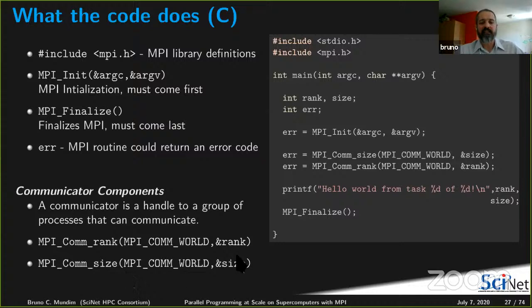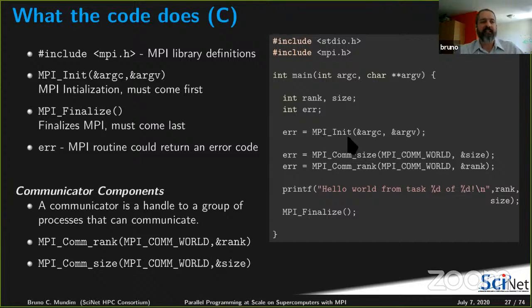MPI_Comm_size gives you the size of the communicator. So how many tasks do I have on my communicator? I'm asking how many tasks I can communicate with in this communicator. Basically that's how it is done.